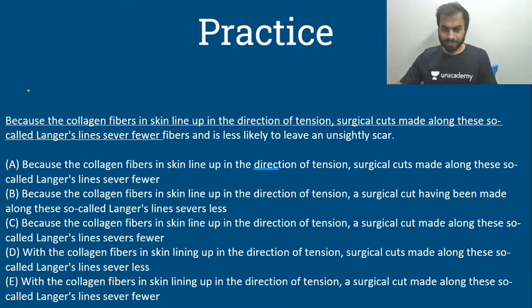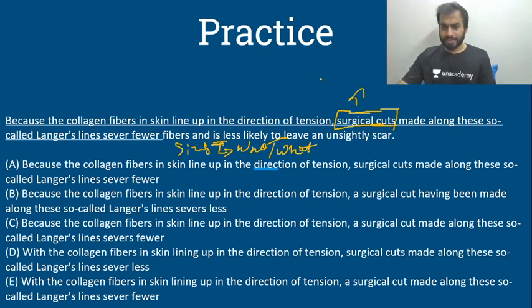Okay, now look at the sentence. What is the main verb here? This, right? Who is less likely? Or what is less likely? What are we referring to? I guess we're referring to surgical cuts. Yes. This is singular.